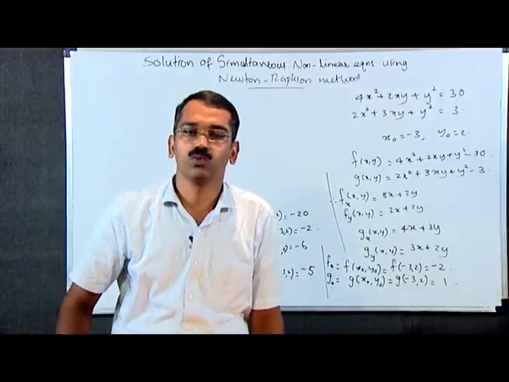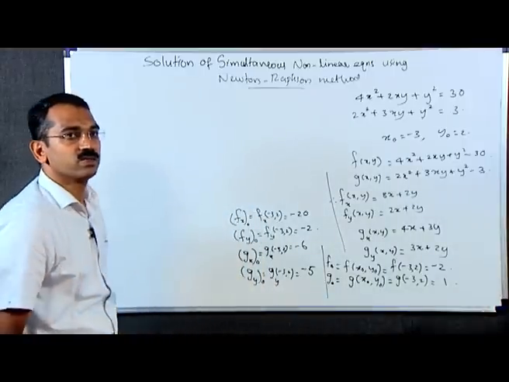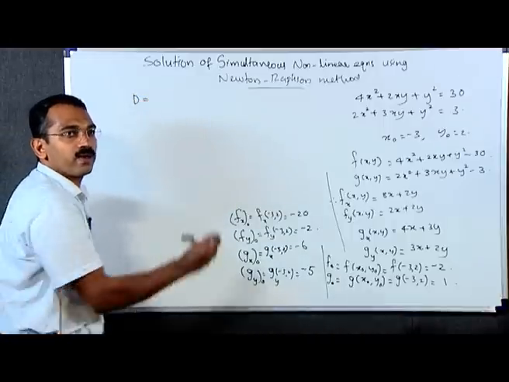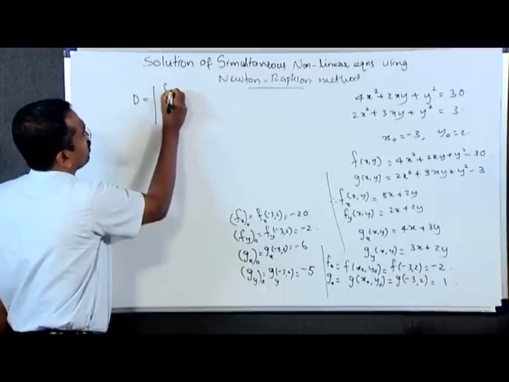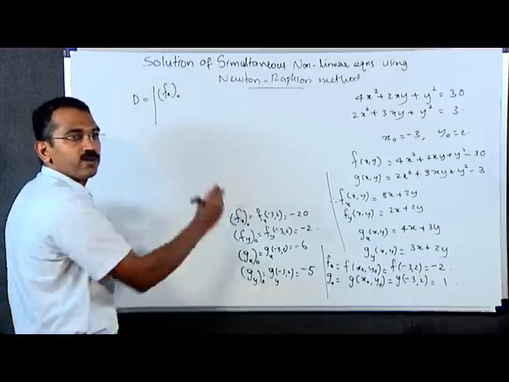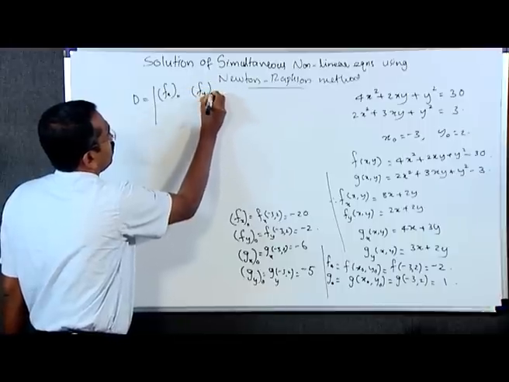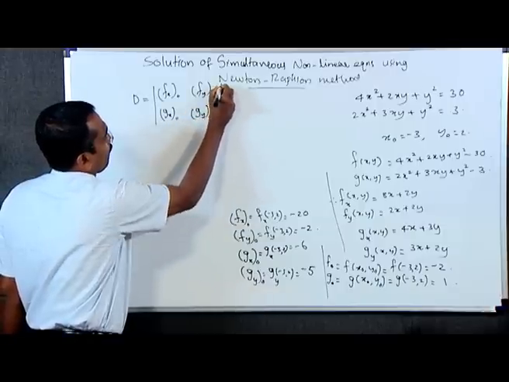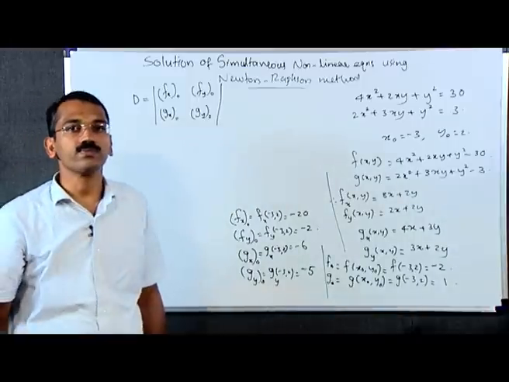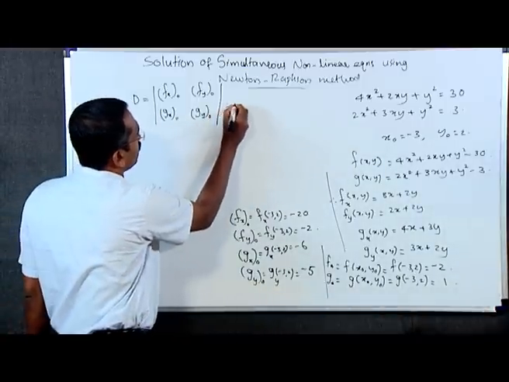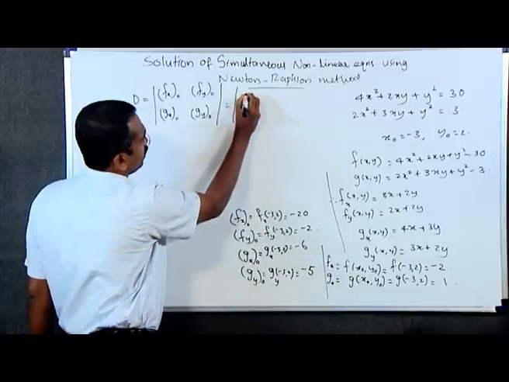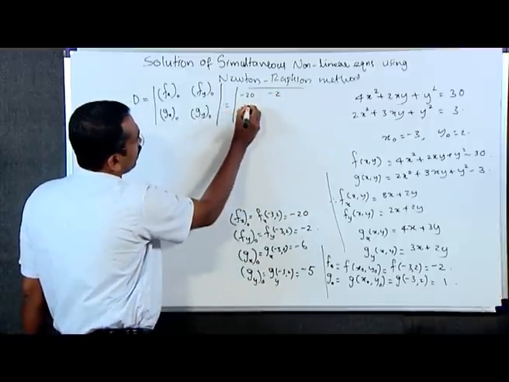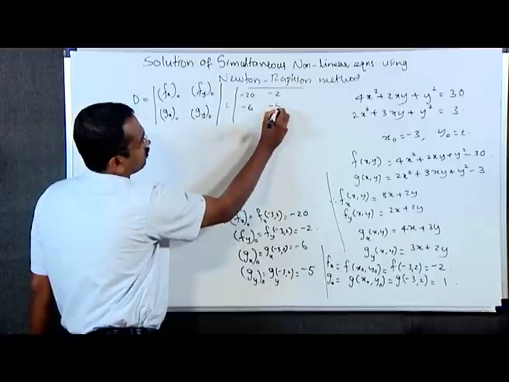Now, we want to evaluate the determinants D, Dx and Dy. D is the determinant of fx naught, fy naught, gx naught and gy naught, which is the determinant of minus 20, minus 2, minus 6 and minus 5.